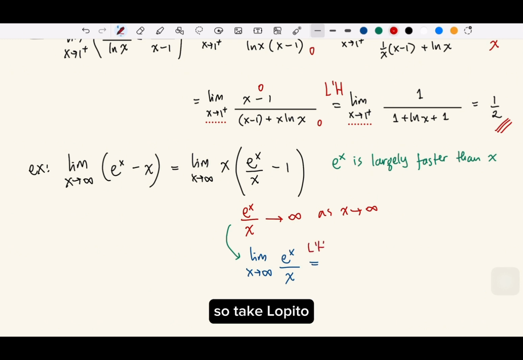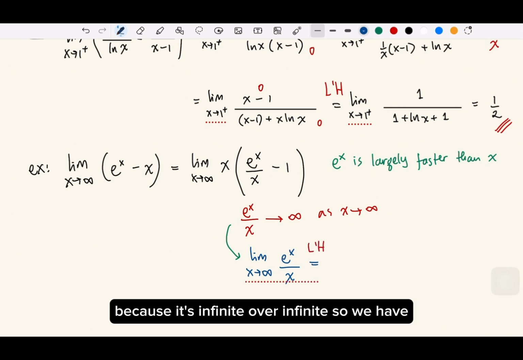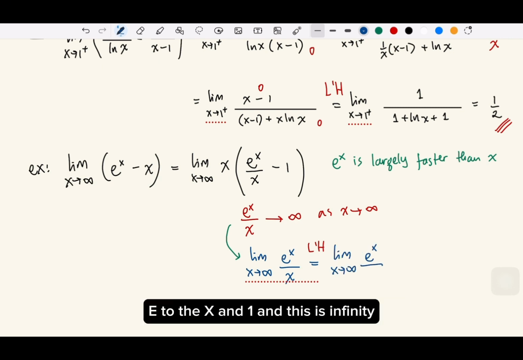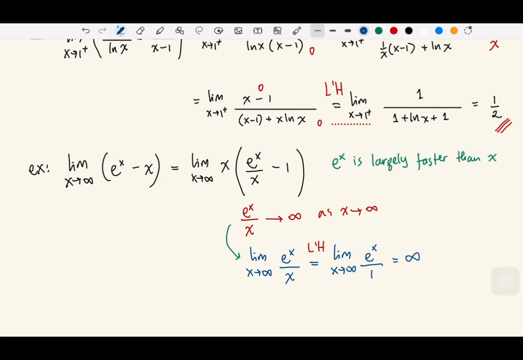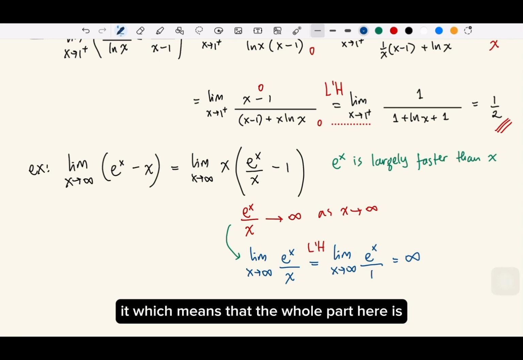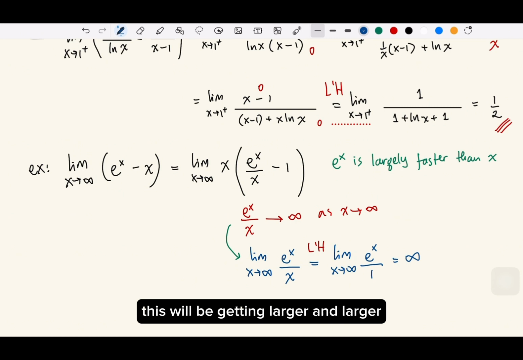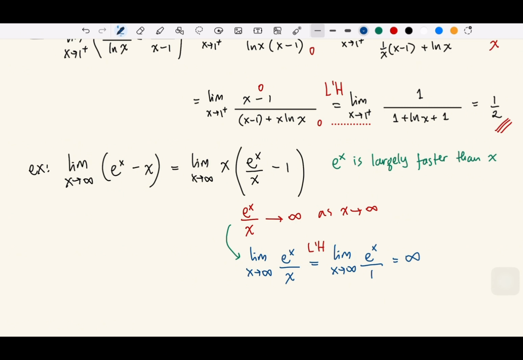So take L'Hopital, because it's infinity over infinity. So we have e to the x over 1, and this is infinity, right? Which means the whole part here is going to be infinity when we enlarge the x. When we increase the x, this gets larger and larger.